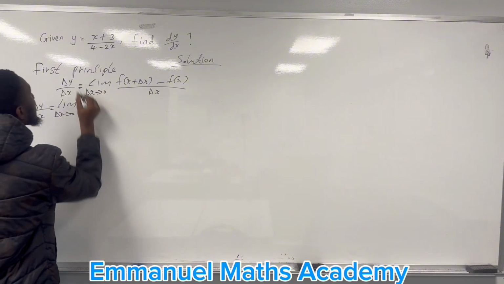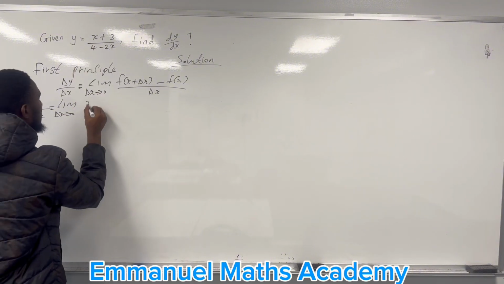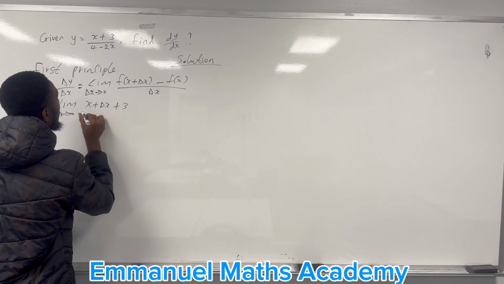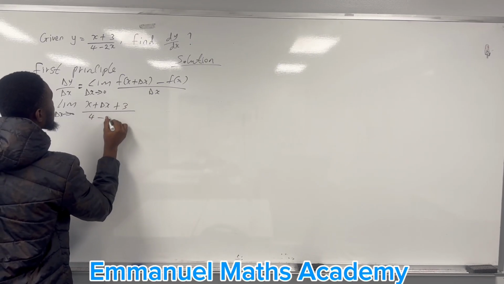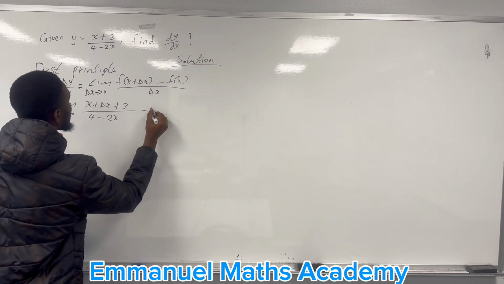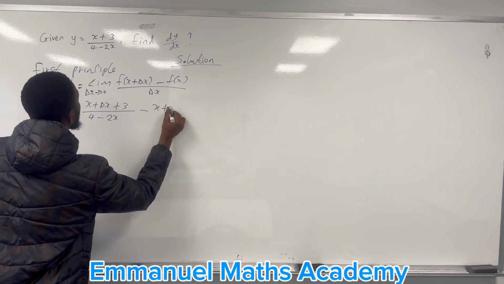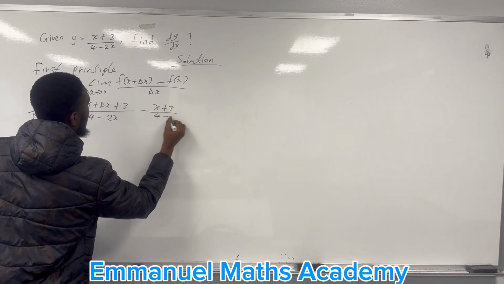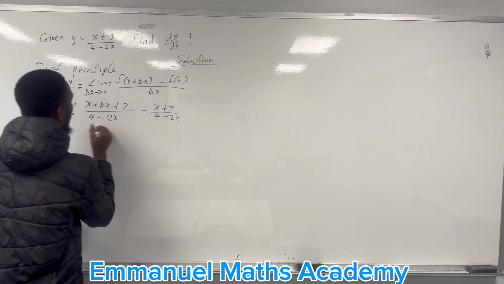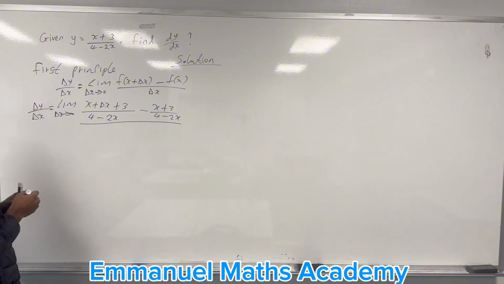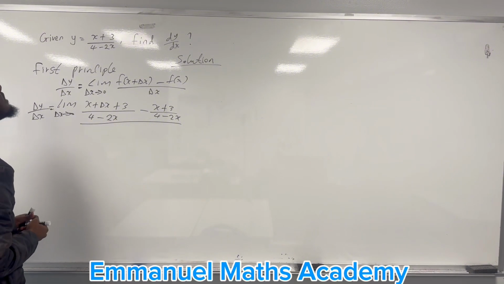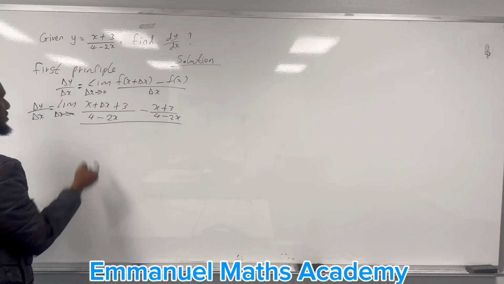Here we have x, hence x will be x plus delta x, plus 3, over 4 minus 2x, minus x plus 3 over 4 minus 2x, all over, oh sorry, you have to also place this x in terms of delta x, in terms of this definition, because we're having x here.